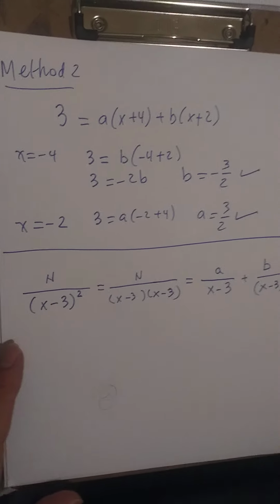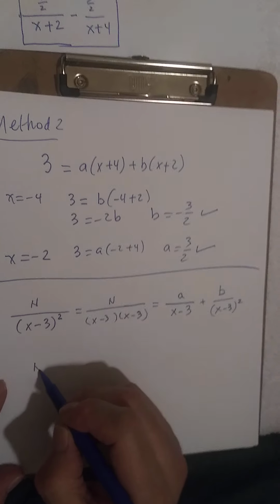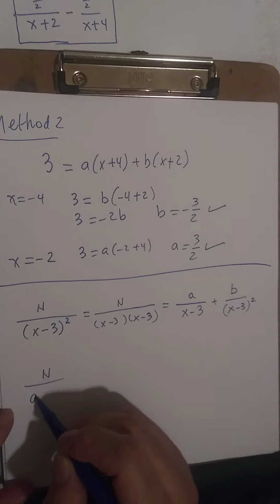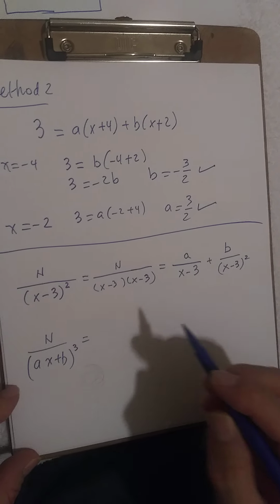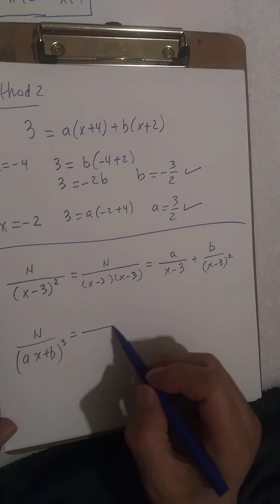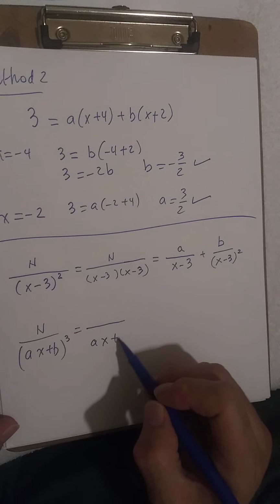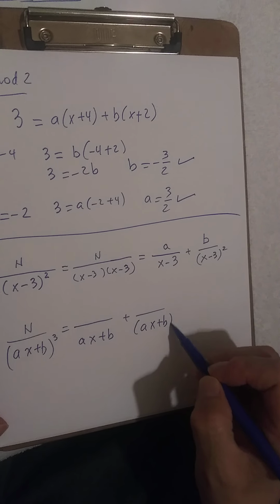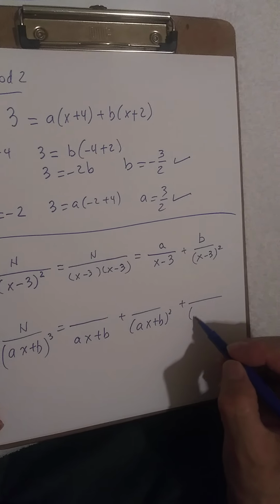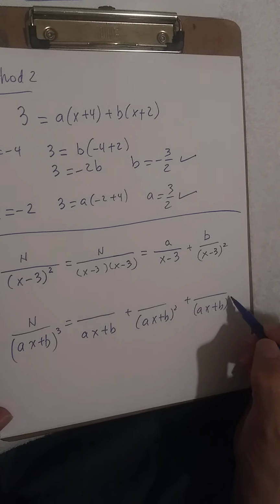And if you have 3 of them, like n over ax plus b cubed, then you break this up as something over ax plus b, plus something over ax plus b squared, plus something over ax plus b cubed.